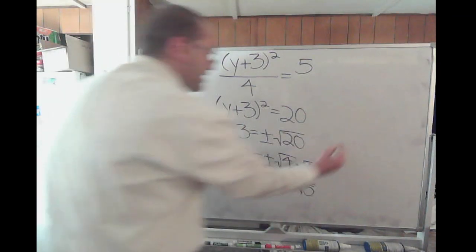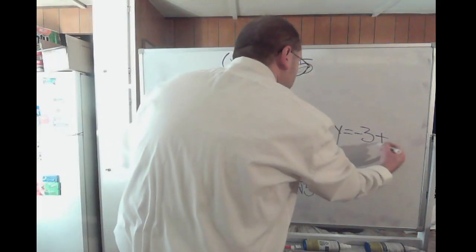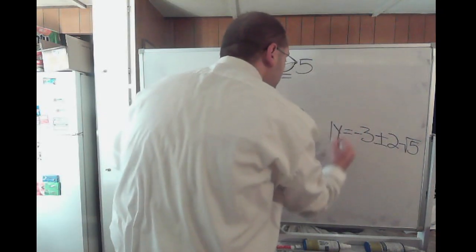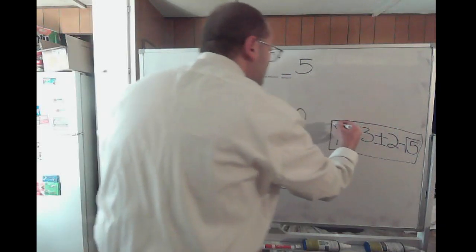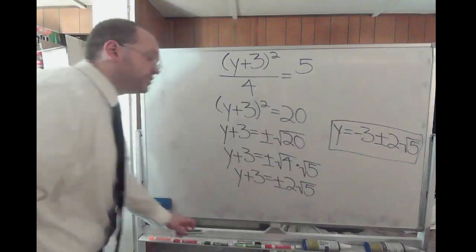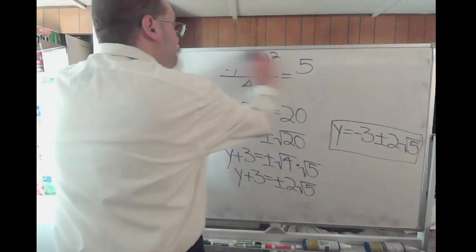So then for your final answer, y would equal -3 plus and minus 2 times the square root of 5. So we were able to do this by perfect squares. y equals -3 plus and minus 2 times the square root of 5. That would be your answer.